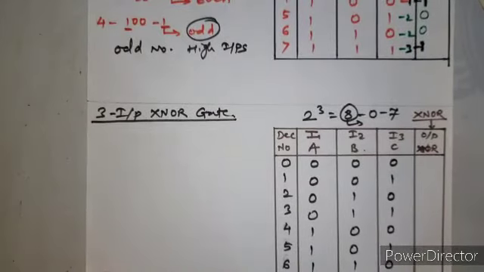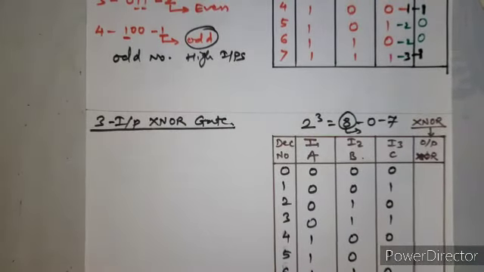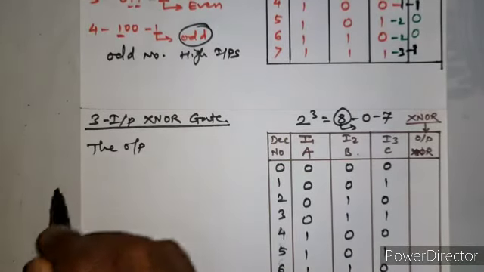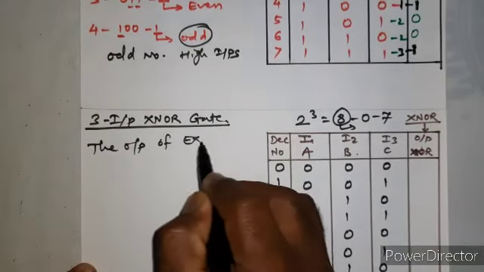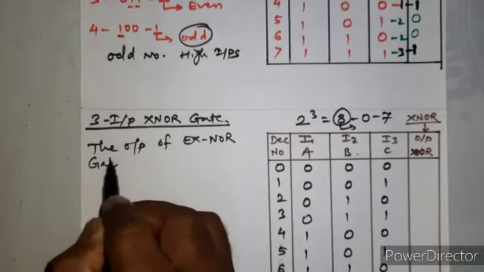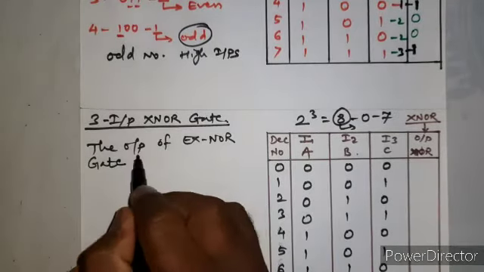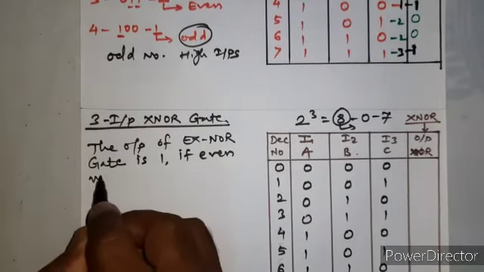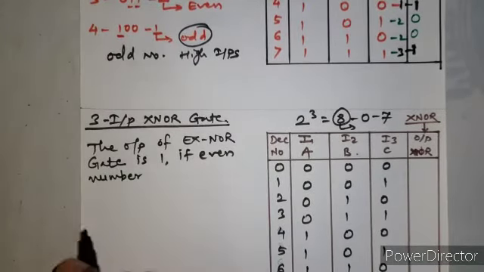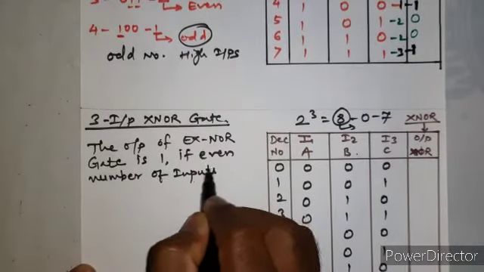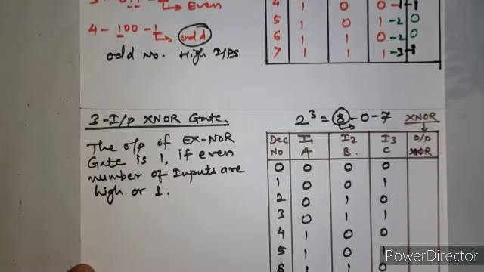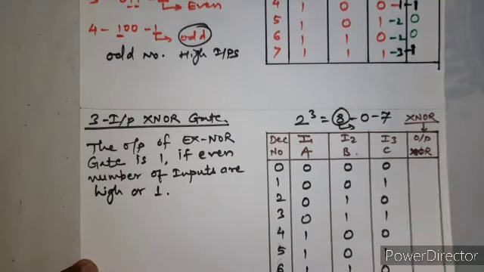Now here we have to see, or I can write down, that the XNOR for more than 2 inputs is defined as: the output of the XNOR gate is 1 if an even number of inputs are high, or 1.